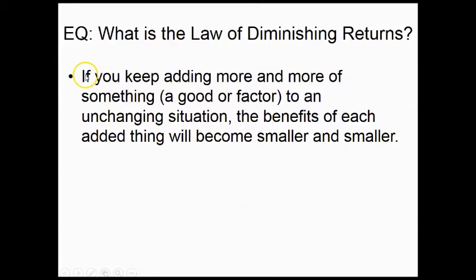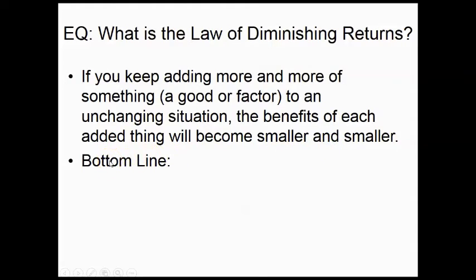In simple terms, the idea is if you keep adding more and more of something, like a good that you're consuming, like soda or pizza or a television show or a video game, or a good or a factor, like labor or lumber, to an unchanging situation, the benefits of each added thing will become smaller and smaller, okay?